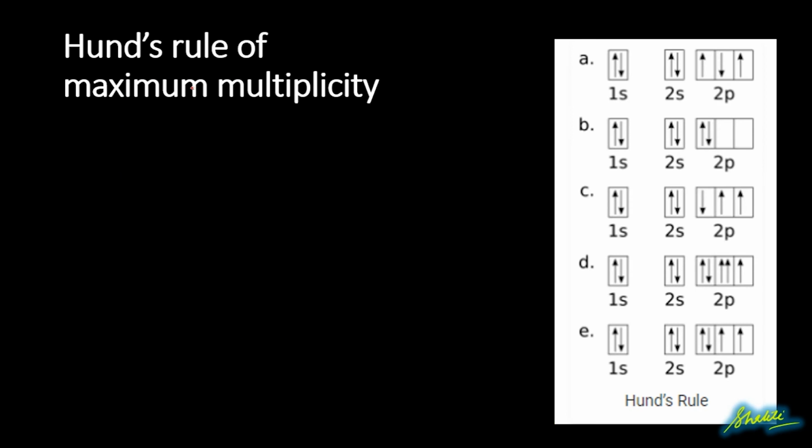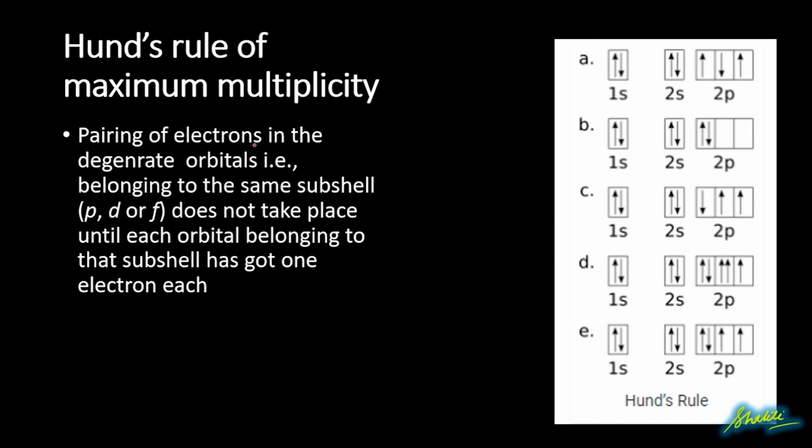Now, Hund's rule of maximum multiplicity. In Hund's rule, the pairing of electrons in the degenerate orbitals does not take place until each orbital belonging to that subshell has got one electron.